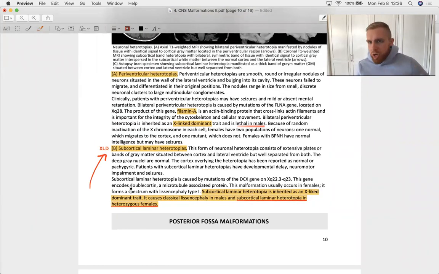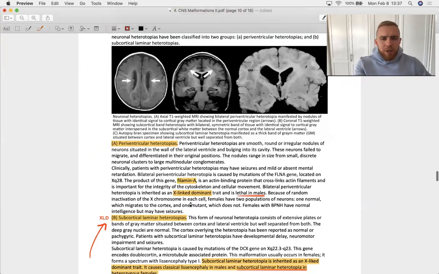So same gene, but because it's X-linked, remember typically women don't really get X-linked disorders because they have two X chromosomes, right? But if it's X-linked dominant, then sometimes you can see some phenotype in women. And so here it is, it's called subcortical laminar heterotopia. And well, I don't have too much to say about that.